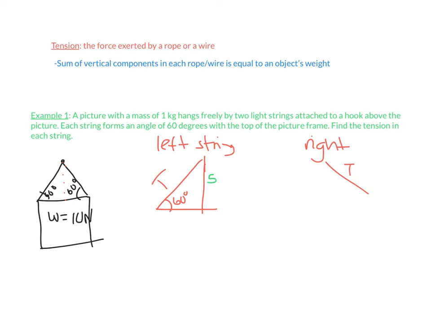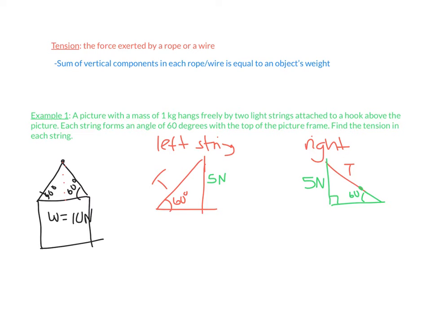So each string is going to have a vertical component of 5 newtons. It's really important that you get that correct. Otherwise, you're going to get a really weird answer. Keep in mind that the vertical component of each string is not necessarily going to be the weight of the object. All of those components are going to add up to be the weight of the object.